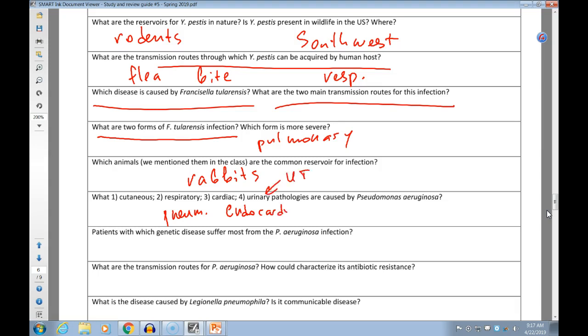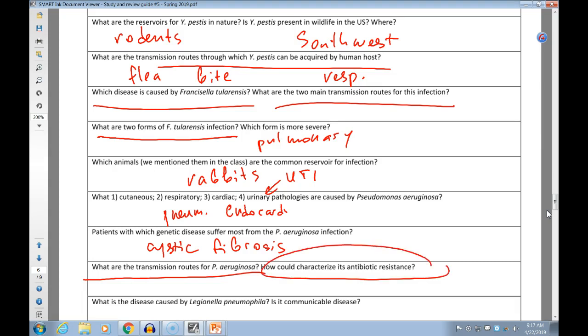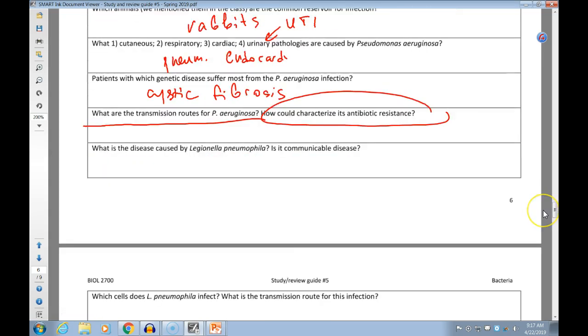Urinary, UTI. Patients with cystic fibrosis suffer the most. Transmission routes. It's nosocomially transmitted, okay, from the environment. It's present in the soil, for instance. Antibiotic resistance is extremely broad to the extent of being totally resistant.